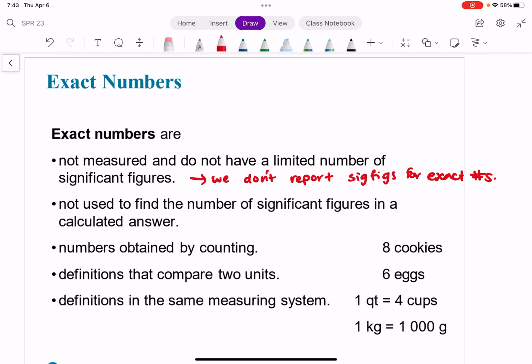Okay, so numbers that you obtain from counting, if you have 8 cookies in front of you, you're not measuring anything, right? You're just counting. You have 8 cookies, right? You're not taking a measurement. Okay, same thing with like 6 eggs. And then also definitions that compare units.